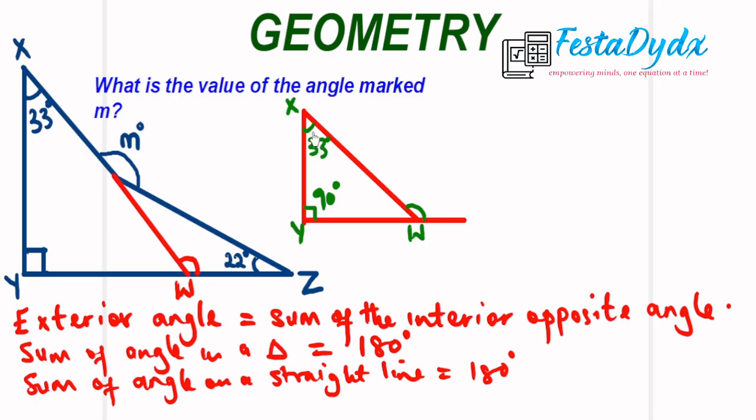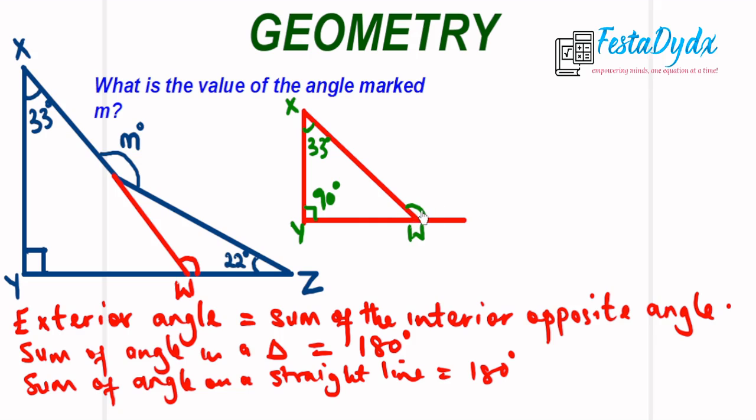So the exterior angle of a triangle, the angle outside of this triangle, is equal to the sum of the opposite interior angles. So this point W is equal to the sum of point Y and point X. The angle inside the triangle, opposite, is equal to the exterior angle.